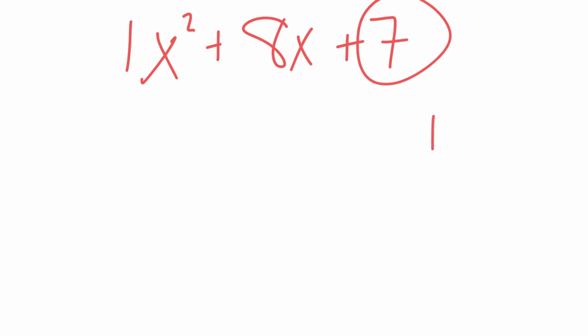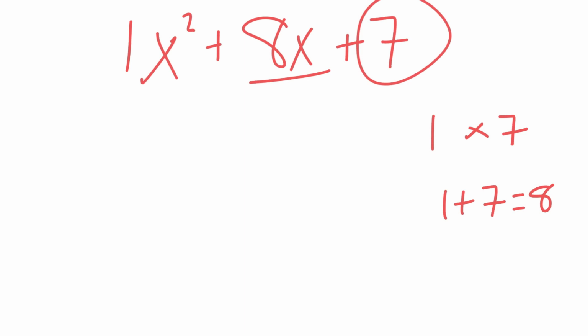This is pretty easy because the only numbers that can multiply to get 7 are 1 times 7. For step 2, we want to make sure that the combination of these factors can add or subtract in order to give us the b, the number in the middle. So for this, that's going to be 1 plus 7 to equal 8.